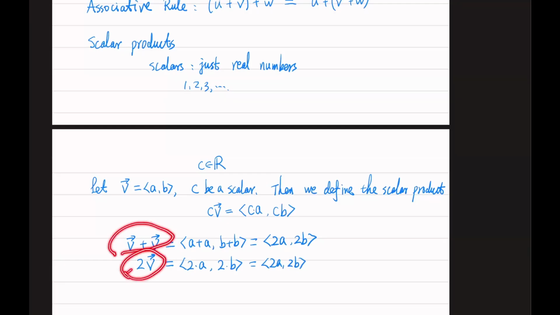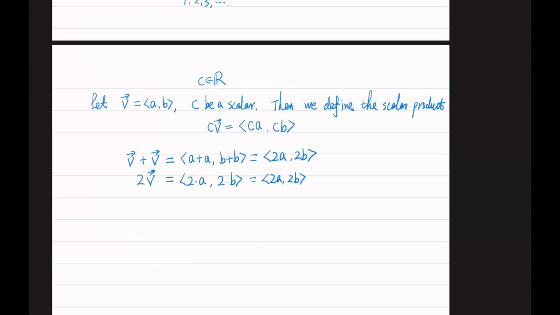Okay. With this, we can define negative v. It will be, we just replace c by -1. Now we can define the subtraction. u subtract v. How do we do subtraction? Same way as we did the multiplication.